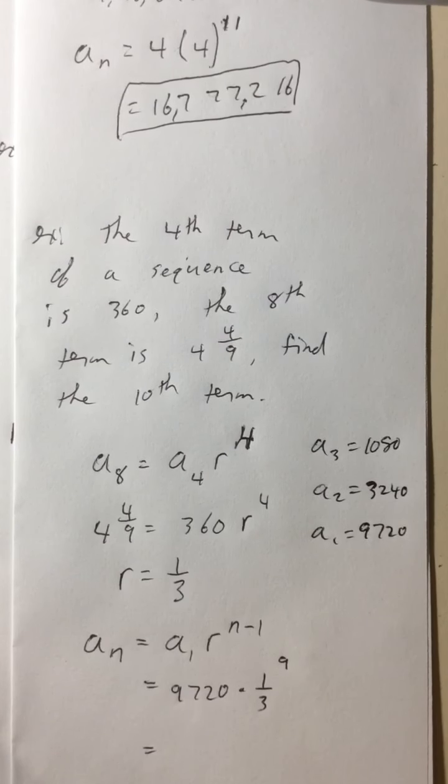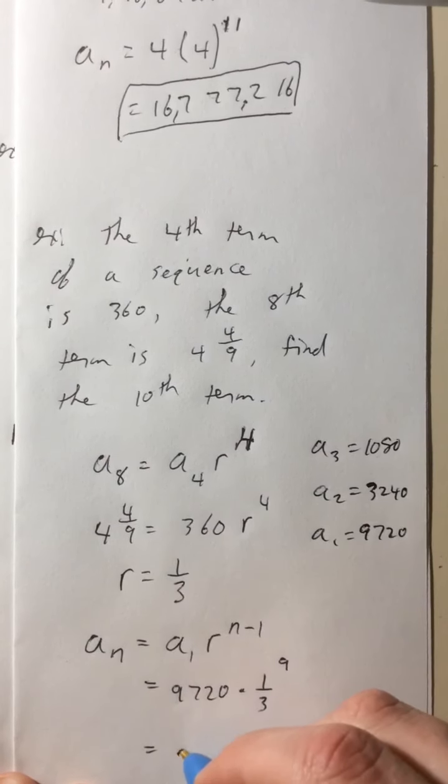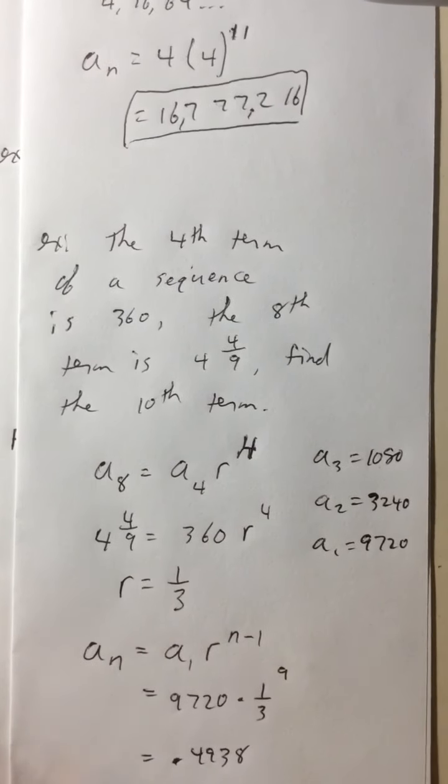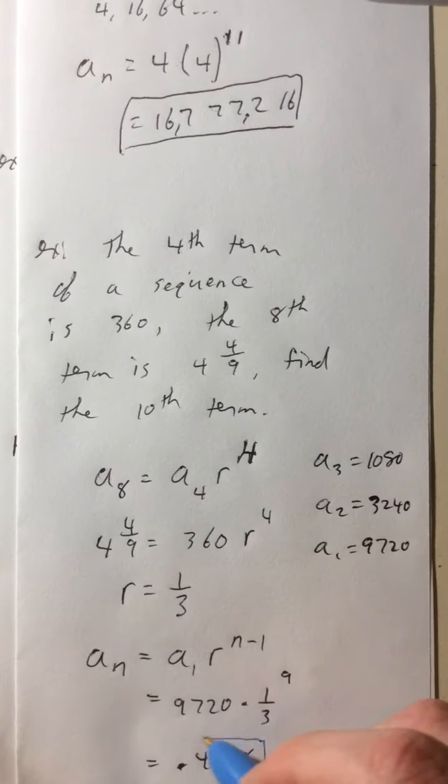So this is 1 divided by 3 to the 9th, which equals some tiny number, times 9720 equals 0.4938. So that's using the formula.